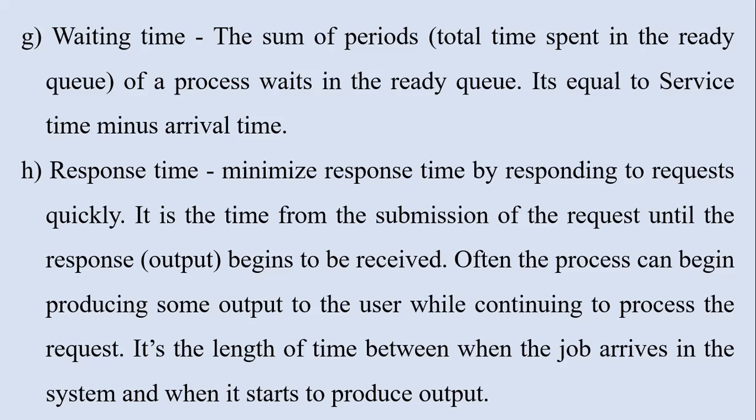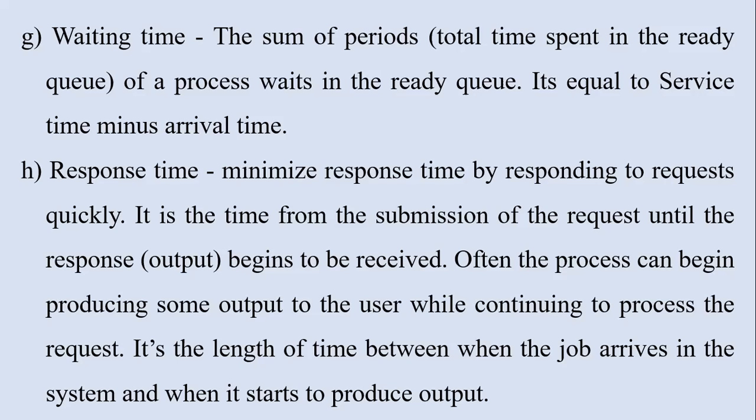Number 7 is waiting time. This is the sum of periods or total time that is spent by processes while in the ready queue. It's equal to service time minus arrival time. The response time is number 8. It's always important for a scheduling algorithm to minimize the response time by responding to requests quickly.